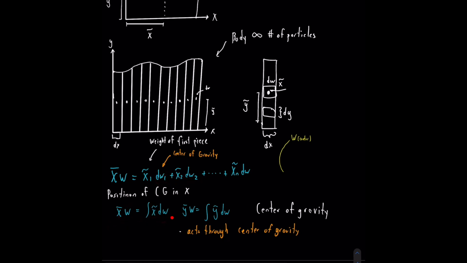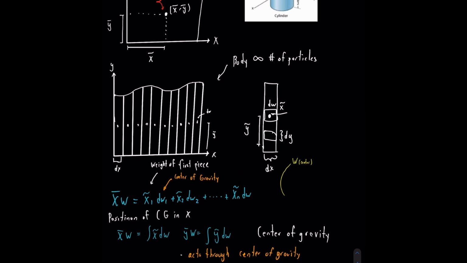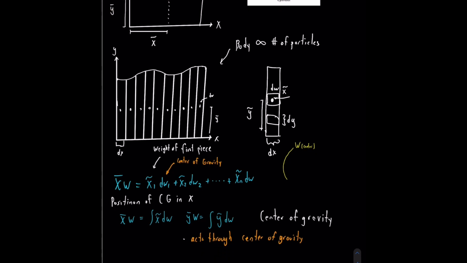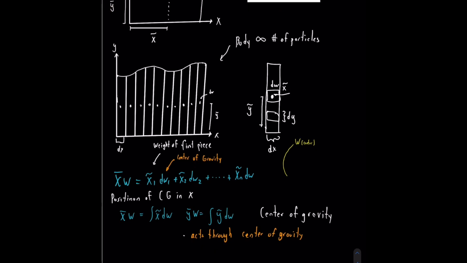Now, we see this integral here, but we're interested in finding the x-coordinate and the y-coordinate. So what you would do is move the weight to the other side, and just isolate the centroid x.